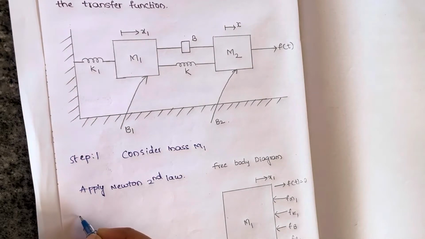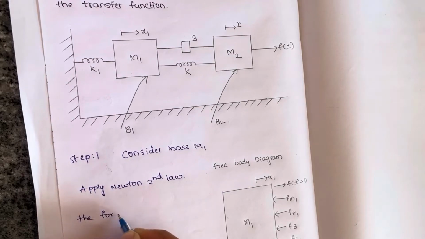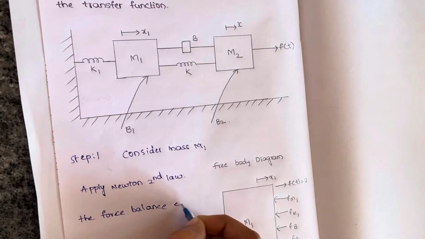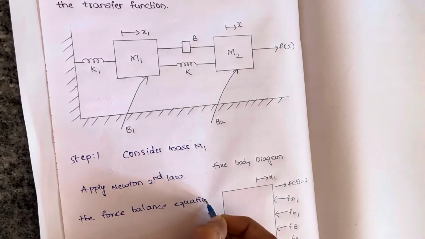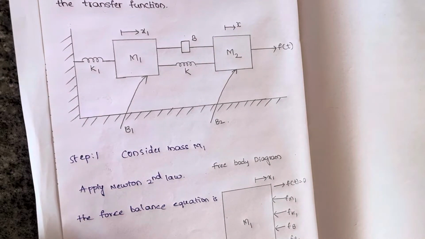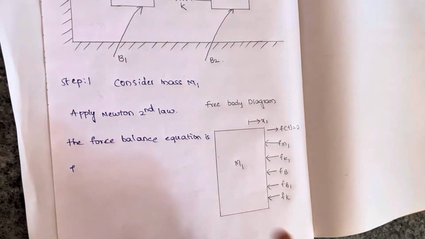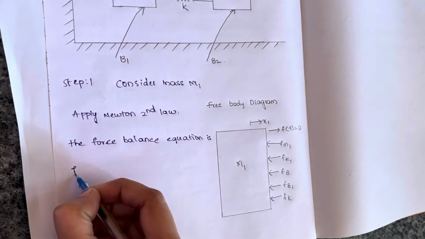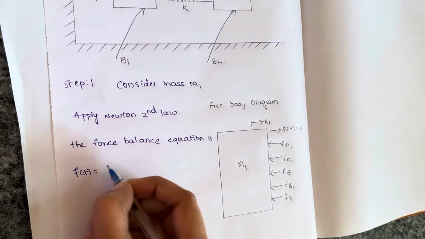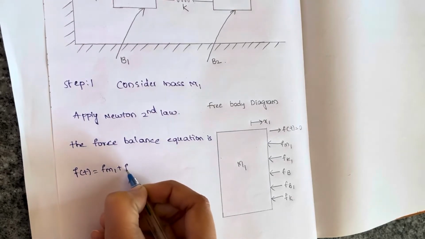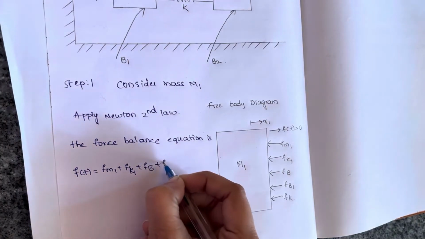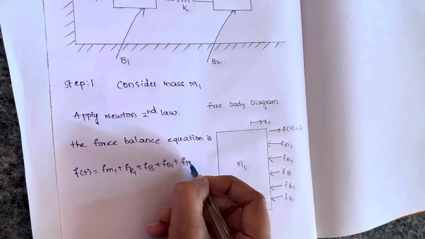So the force balance equation is f of t equals to, write all these things, fm1 plus fk1 plus fb plus fb1 plus fk.